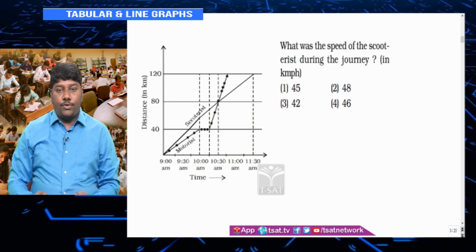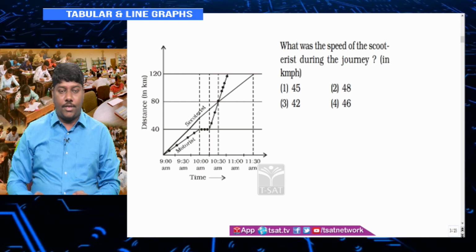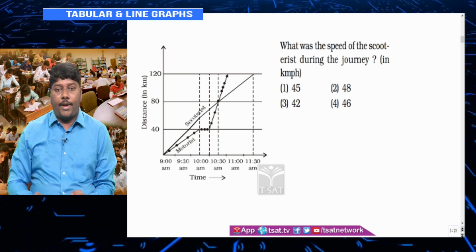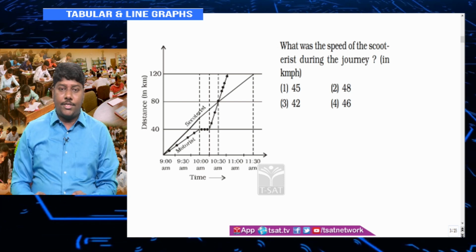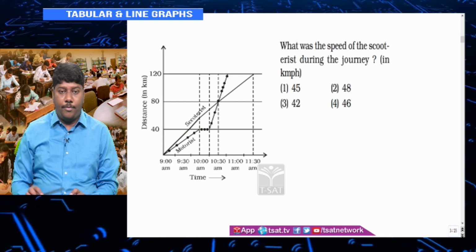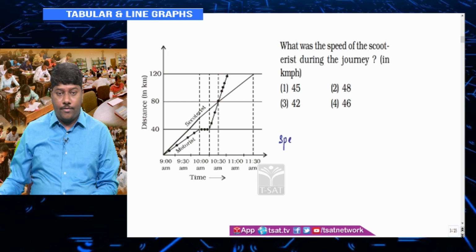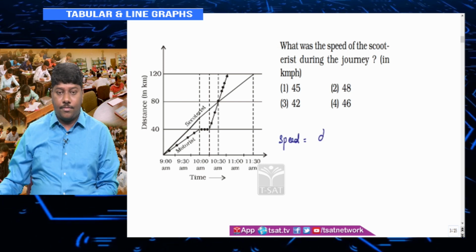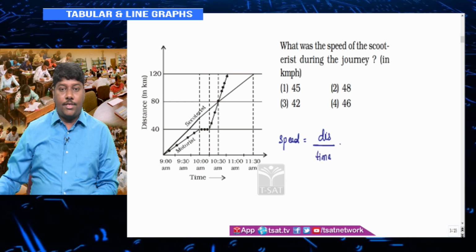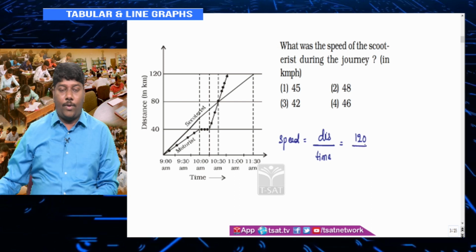What was the speed of the scooterist during the journey? Now he is asking you the speed of the scooterist. What do you mean by speed? Speed is nothing but distance travelled divided by time taken. Now what is the distance travelled by both of them? Clearly it is given that 120 kilometers was travelled by both of them. So when it comes to speed, we write the formula: distance covered by time taken. The distance covered by both of them is 120, but the scooterist is what is asked, so 120.